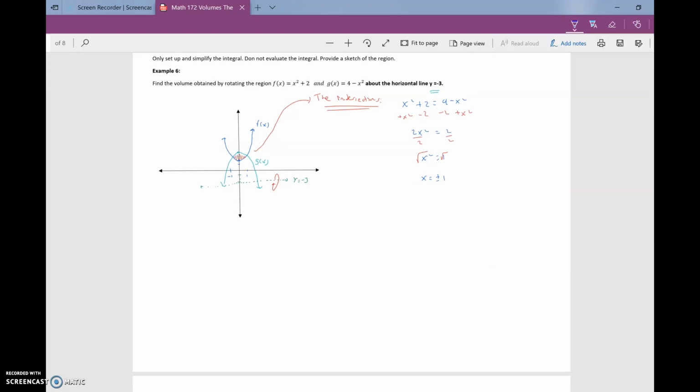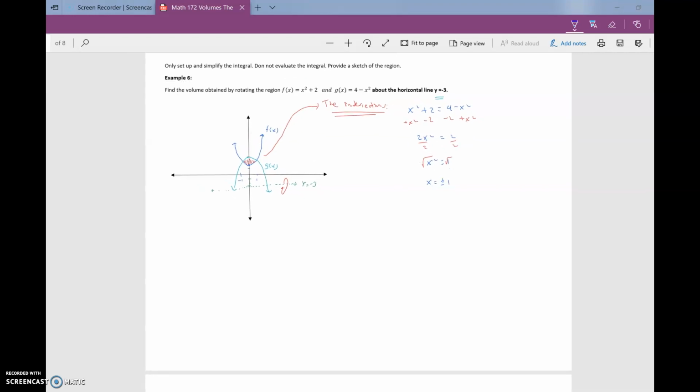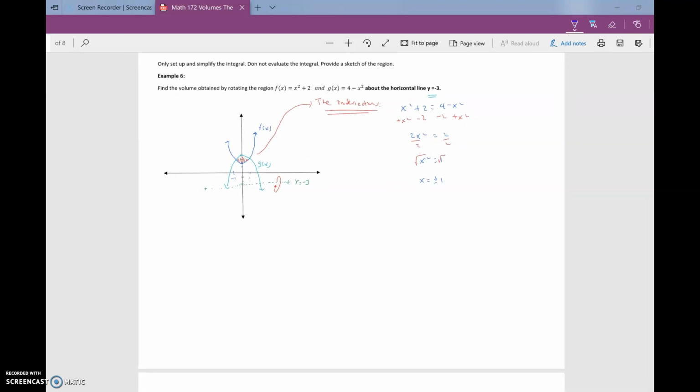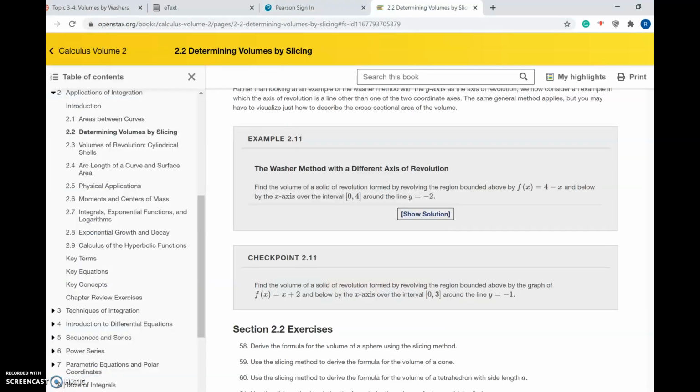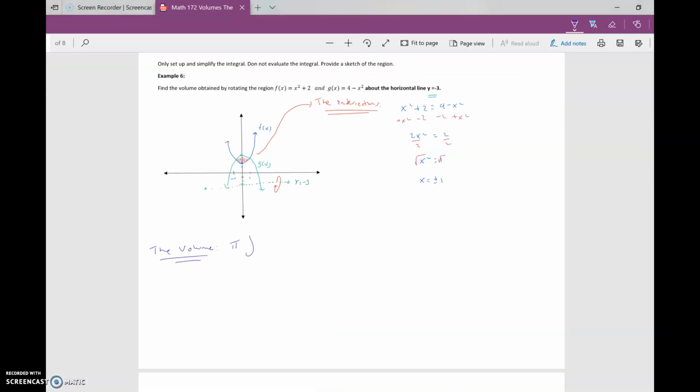Okay, the next portion is the actual distances from y is equal to -3 to the function. So let me actually set up the integral. So in this case, the volume is actually going to be given by pi integral from -1 to 1, and then it's going to be a little bit tricky to determine the outer radius.